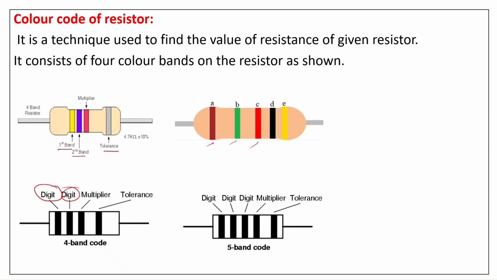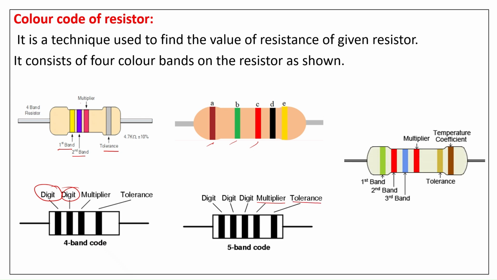The fourth color band indicates the multiplier, and the fifth color band indicates the tolerance. And a 6-band resistor consists of 6 color bands on it. Here the first 3 color bands indicate the first, second, and third digits, respectively. The fourth color band indicates the multiplier, the fifth color band indicates the tolerance, and the sixth band indicates the temperature coefficient.